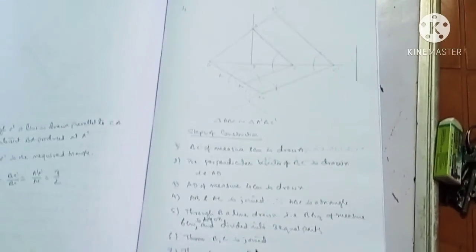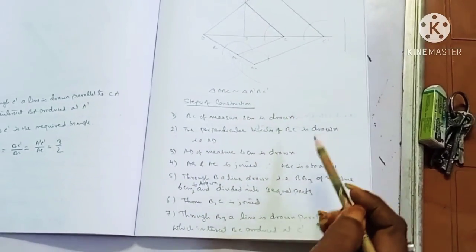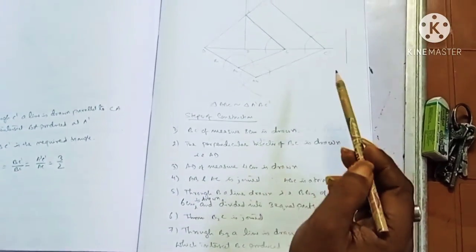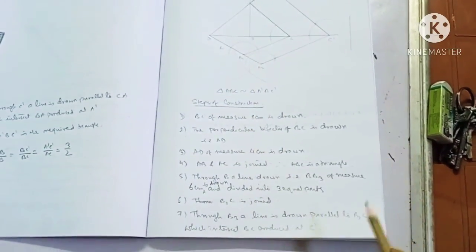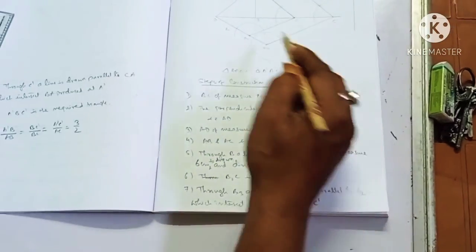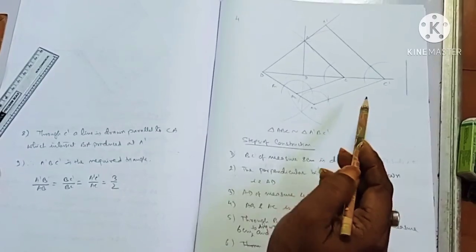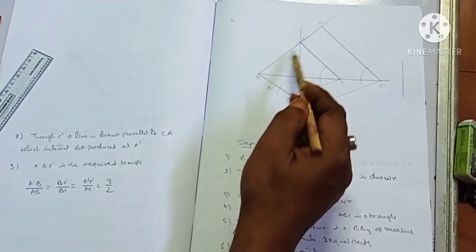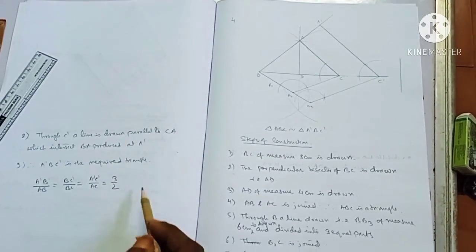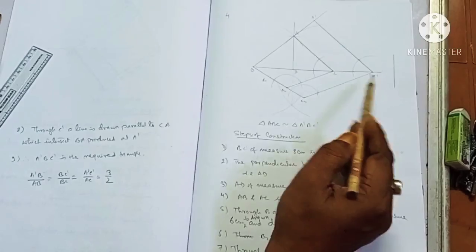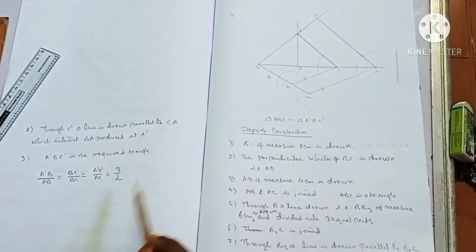B2C is joined. Through B3 a line is drawn parallel to B2C, which intersects BC produced at C dash. Through C dash a line is drawn parallel to CA, which intersects BA produced at A dash. Therefore, A dash B C dash is the required triangle. Therefore, A dash B by AB is equal to B C dash by BC is equal to A dash C dash by AC, that is equal to 3 by 2.